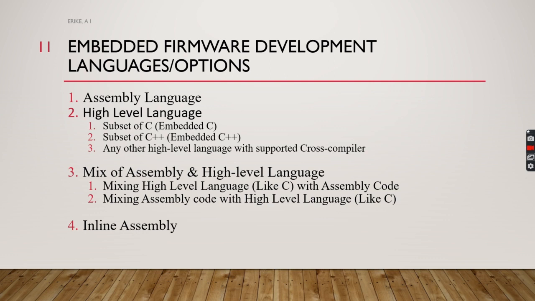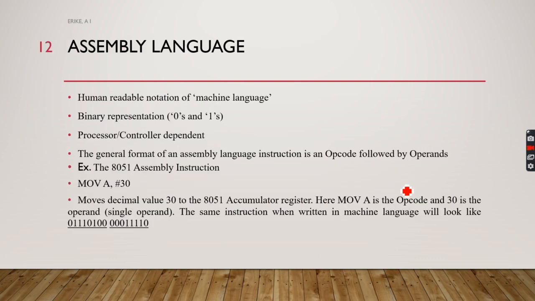Then thirdly, you can have a mixture of assembly and high-level language. For instance, you can mix a high-level language like C with assembly code, or mix assembly code with a high-level language like C. Both sound like the same thing, right?